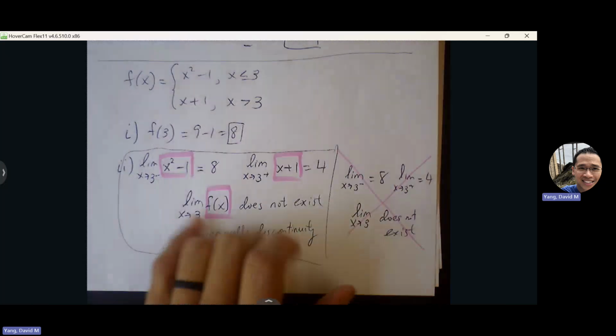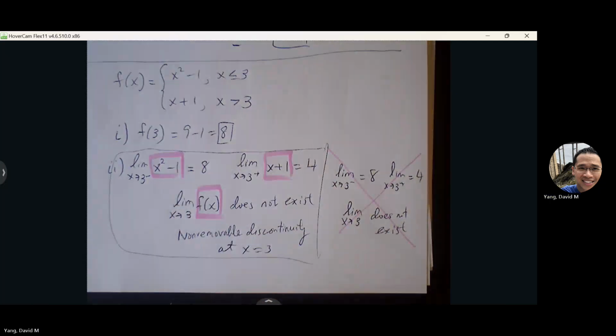And this is more of a notation comment. When you write your one-sided limit, make sure that you include your expression. If you want to talk about the limit and you don't want to write the expression, you have to at least put something there, such as f(x). This would be incorrect notation, even though this is the way we say it: approaching 3 from the left is 8, approaching 3 from the right is 4, the limit does not exist.